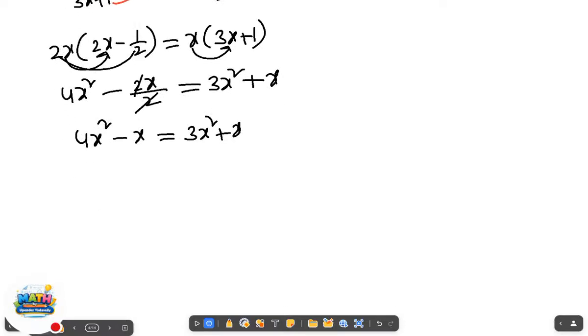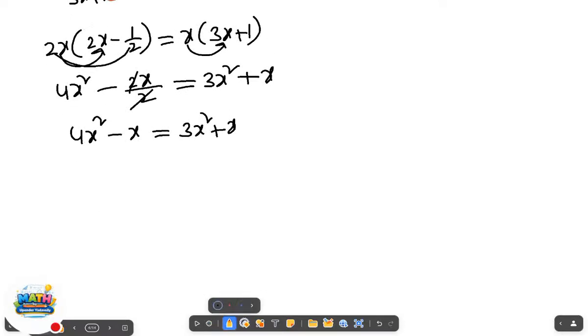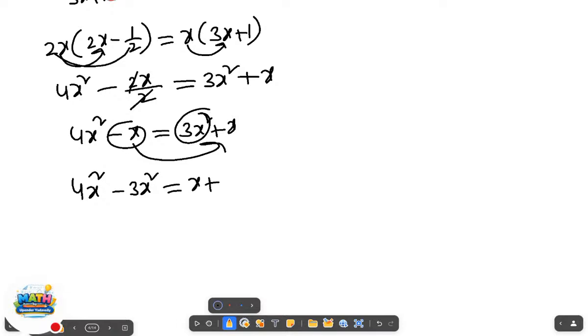Now send this minus x to the right side and bring 3x square to the left side. What it becomes: 4x square minus 3x square is equal to x plus x. Now 4x square minus 3x square is 1x square, which can be written as x square simply.